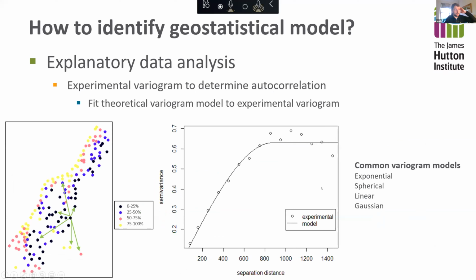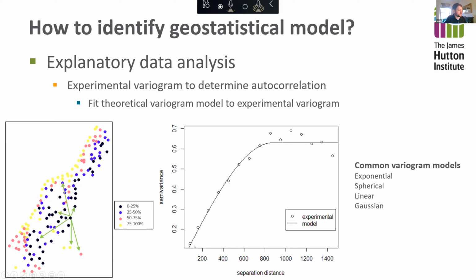And finally, probably the most important part of this exploratory data analysis is to try and determine the variogram. The way you do that is you calculate an experimental variogram. You take all data points that are, for example in this case, located within 0 and 100 meters of each other, and then you calculate the variance of all those values.